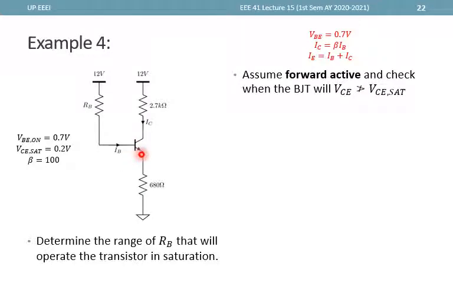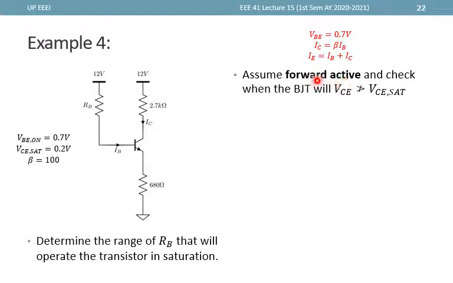So the only question is whether the collector base is reverse or forward biased. So we're only left with the option of forward active or saturation.